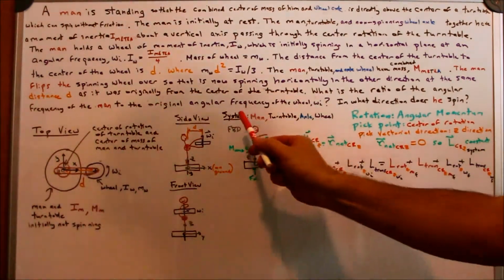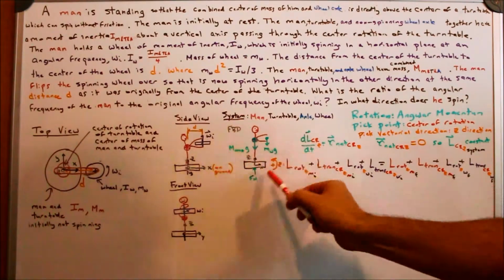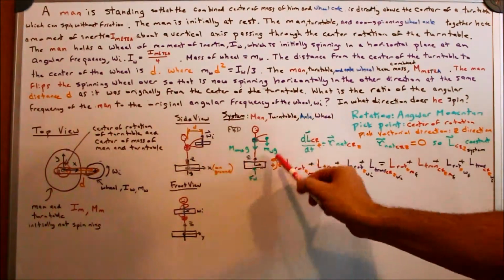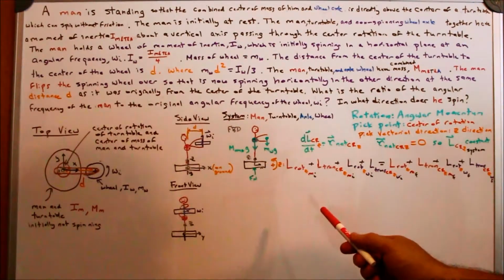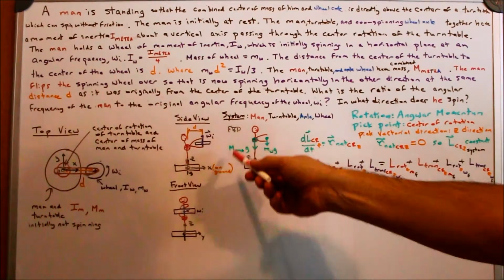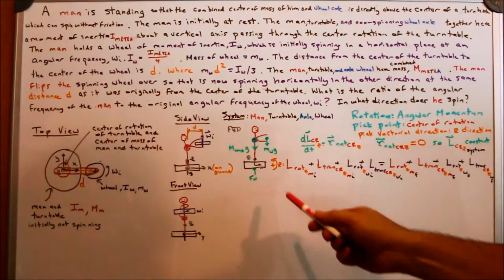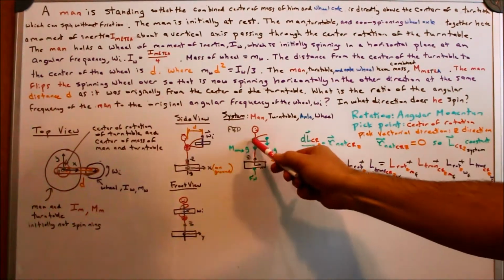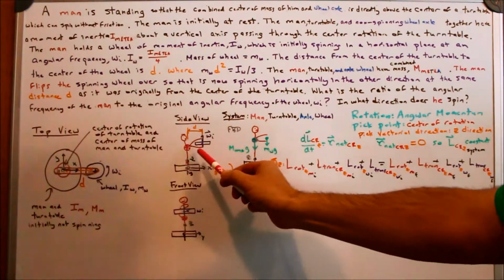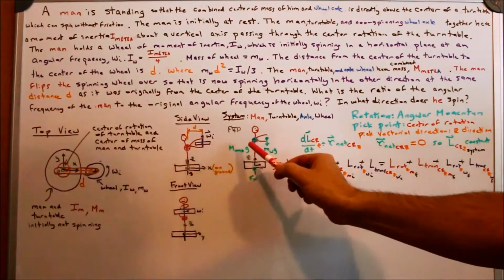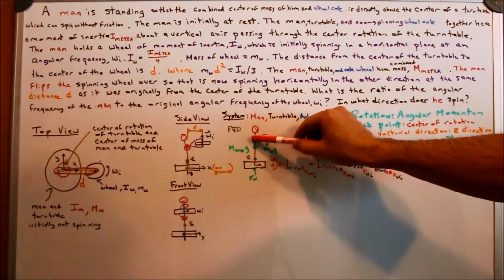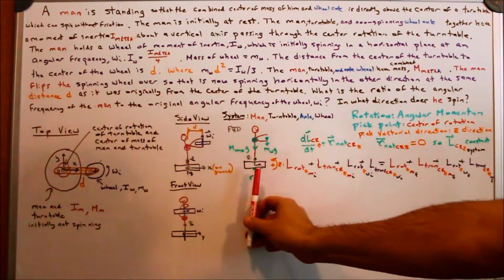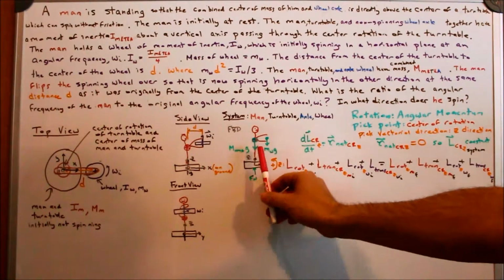Solving the problem now. First, pick a system. Let's pick man, turntable, axle, and wheel, everything. Surroundings, everything else. Then typically draw a free body diagram. So what forces do we have acting on this system? Well, we have gravitational forces on the man, turntable, and axle, which we're told have their center of mass right above the center of rotation, which is my z-axis.